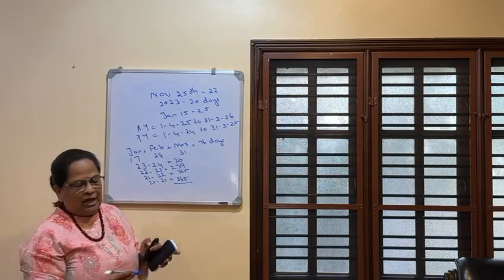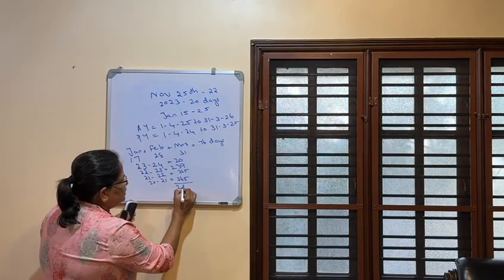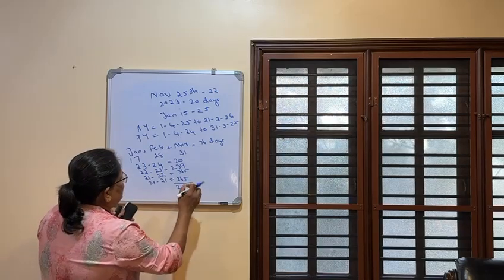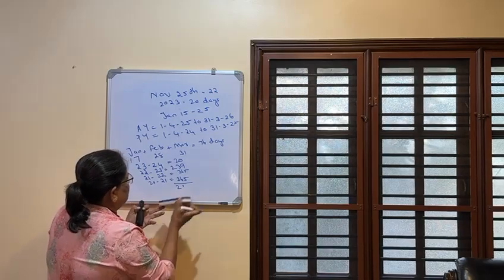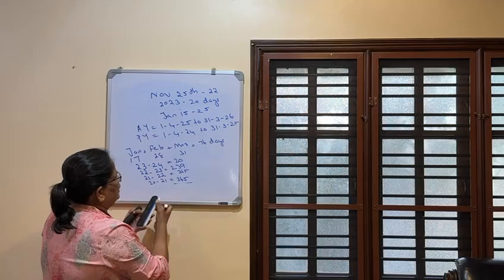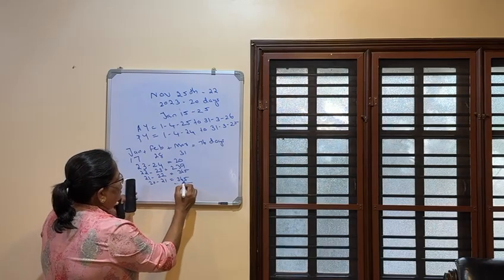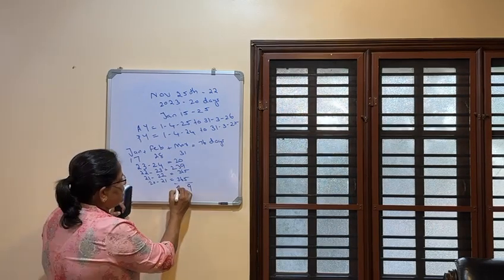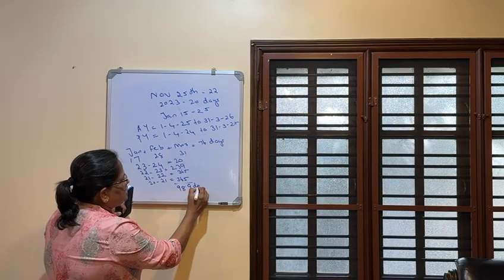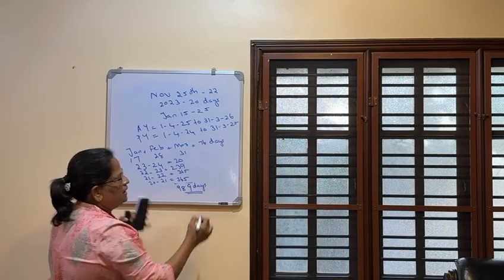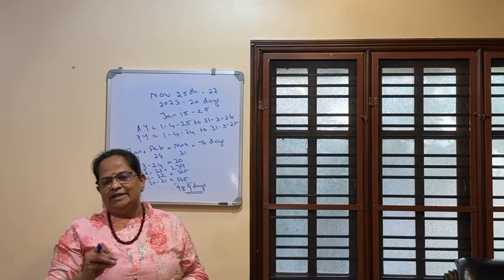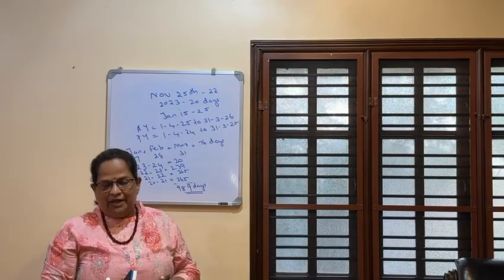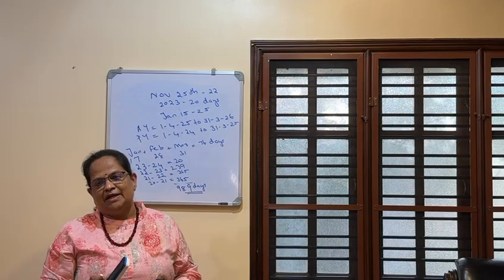So if you calculate the total for all the 4 years, 989 days will come. That means instead of 365 days, he has stayed for 989 days. That means he has fulfilled the second basic condition.